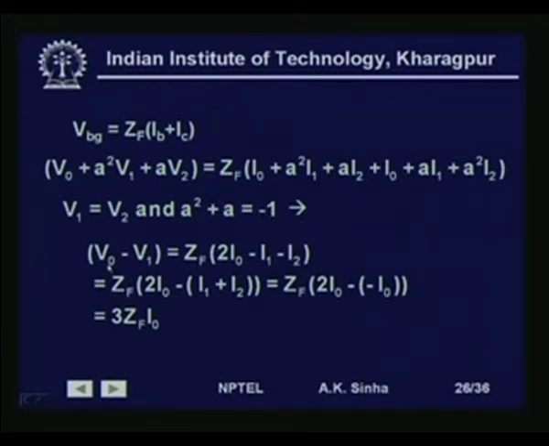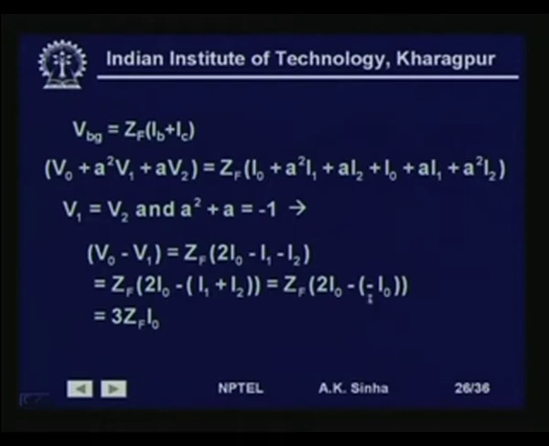We will get finally, on organizing all these terms, V0 minus V1 is equal to ZF into 2 I0 minus I1 minus I2, and this we can write as ZF into 2 I0 minus I1 plus I2, which is the same as ZF into 2 I0 minus I0, because we have I0 plus I1 plus I2 is equal to 0. So, I1 plus I2 is equal to minus I0.